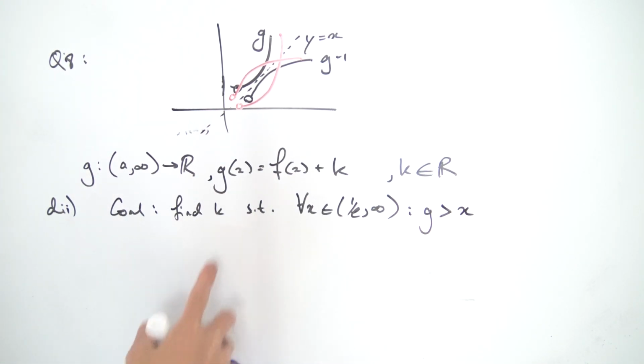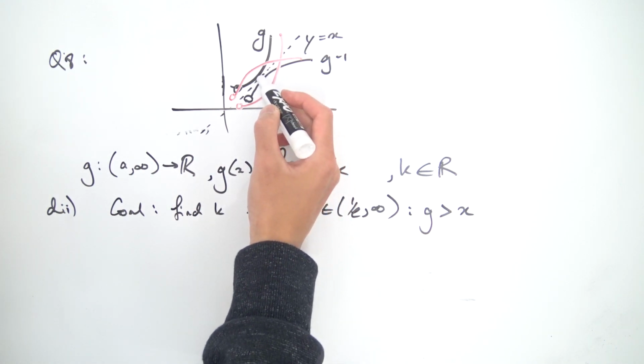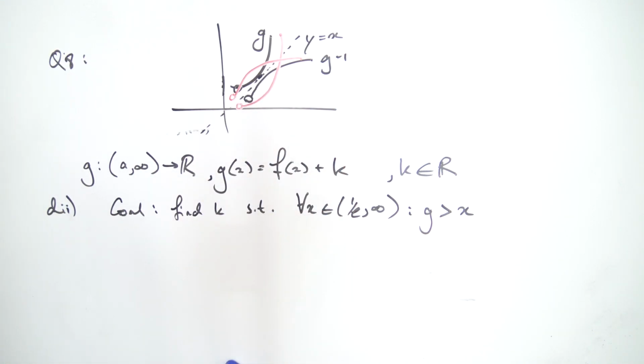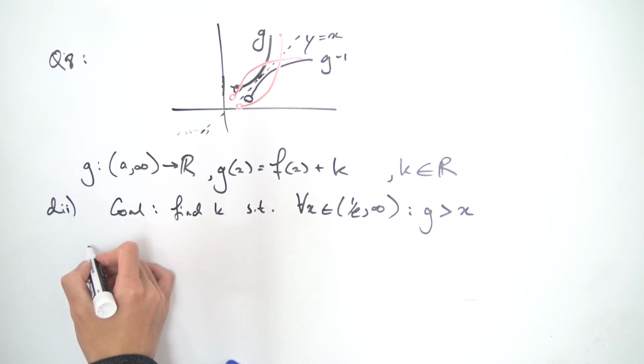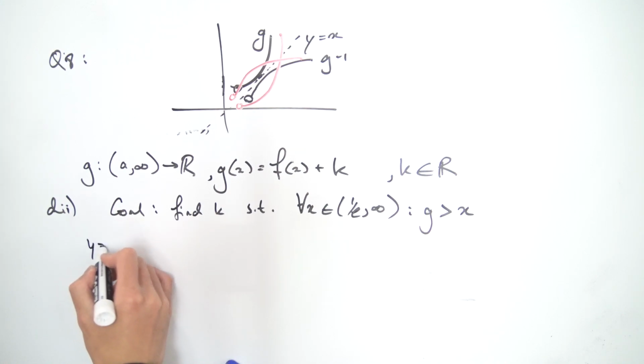So we have to find this specific value of k. And in order to find this, let's take the borderline case where g only intersects this tangent line once. So we can use the method we looked at in the previous question, where we make y equals x tangent to the function g.